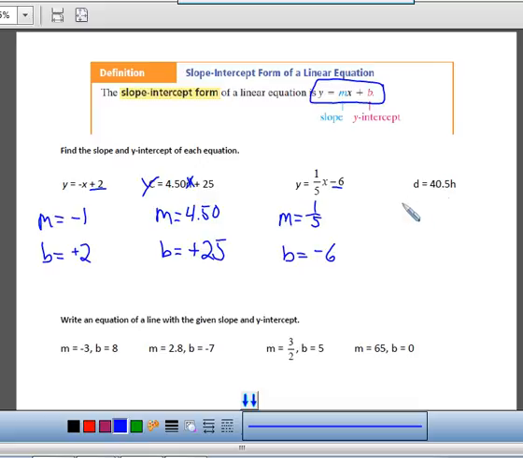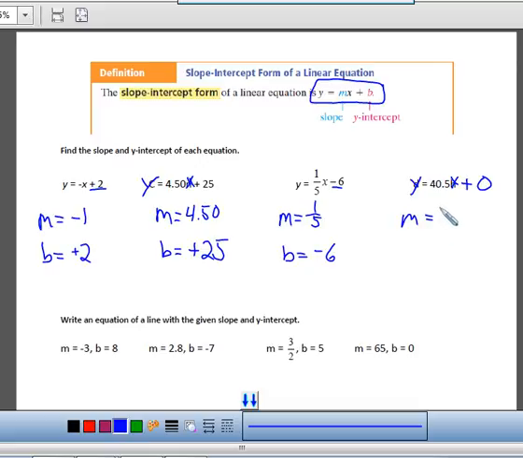And then the last one here, this one's kind of tricky. Again, it doesn't have a y or an x. It does. It's just different. There is no plus or minus anything. Remember, it could be a +0, or it is.